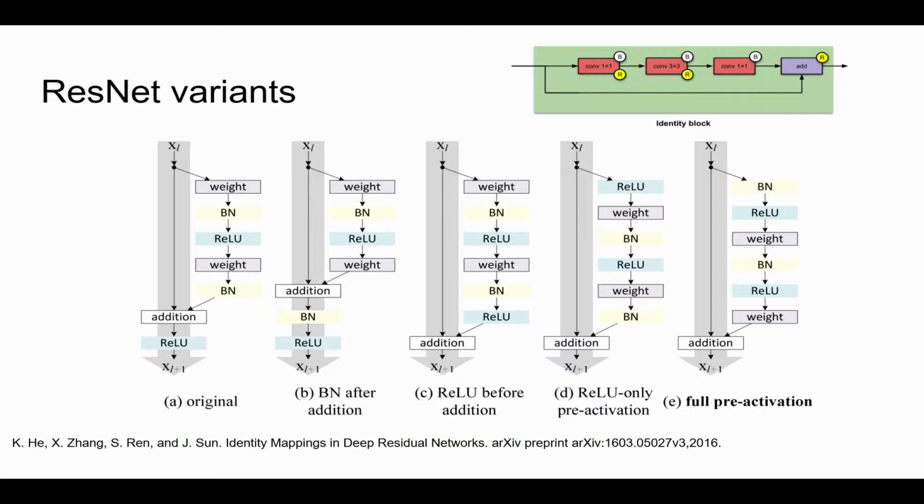There are different variants, all these three, which don't have any operations on the skip connection, in the hope that we don't lose any information. And I'm quite sure that there are similar variants for transformers.